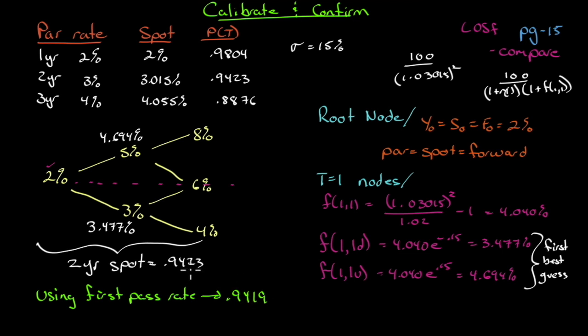We should have got 0.9423. We got lower than that, which means our rates are too high. So we would want to go to 3.477 and lower that somewhat, but not much. We're very, very close, 9419 and 9423. We might bring it down to 0.47 and try it from there and see what we get. Then 4.6, then 4.5, and just keep going like that.